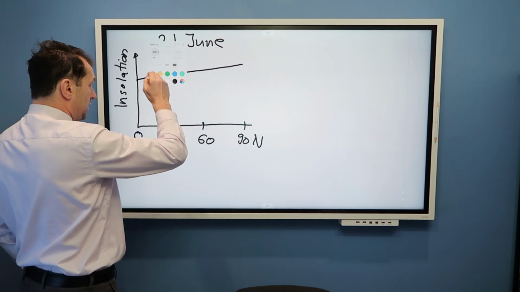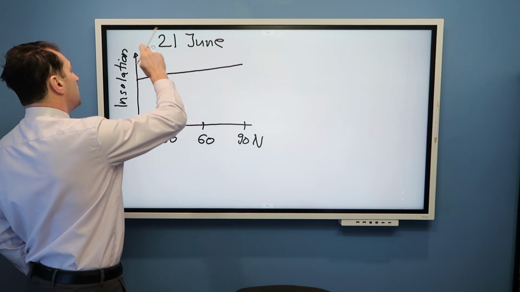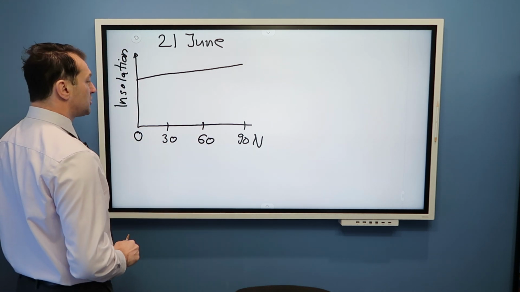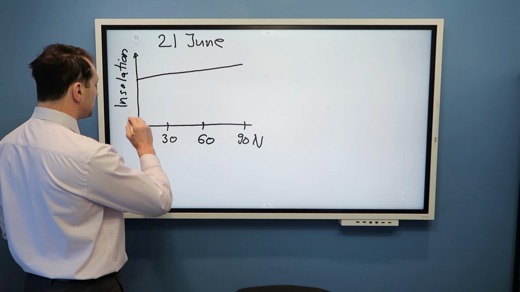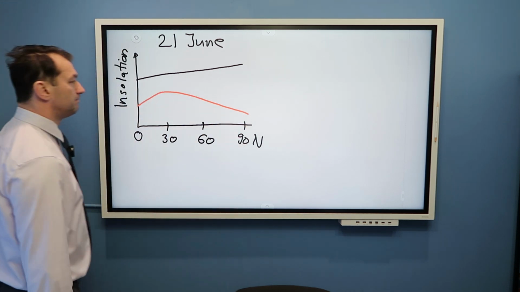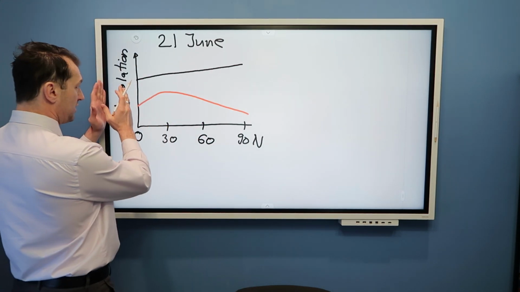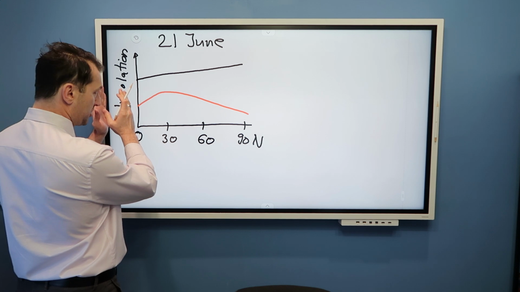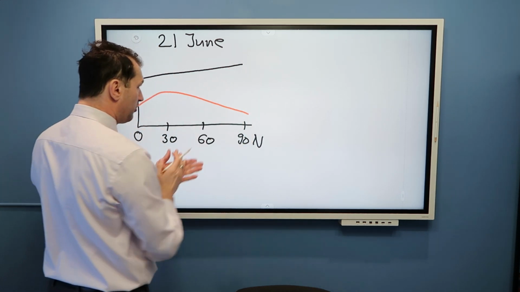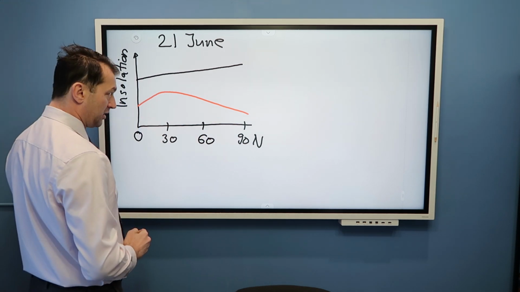Now, to answer our question, why is that the case, we can plot the same curve, but at the Earth's surface. And at the Earth's surface, the curve might look something like this. In other words, the amount of accumulated solar radiation, insolation, at the surface at the North Pole is much smaller than in the tropical and subtropical regions.